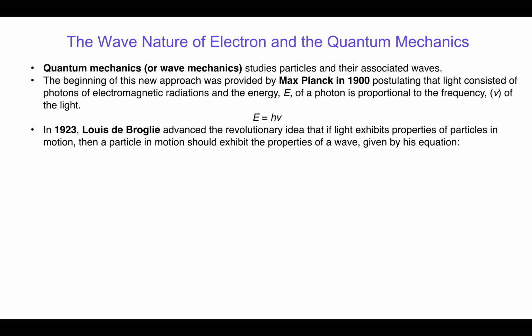In 1923, de Broglie advanced the revolutionary idea that if light exhibits properties of particles, that is the photons that are in motion, then particles in motion like electrons should exhibit the properties of a wave. And this is given by his well-known equation, the de Broglie equation.